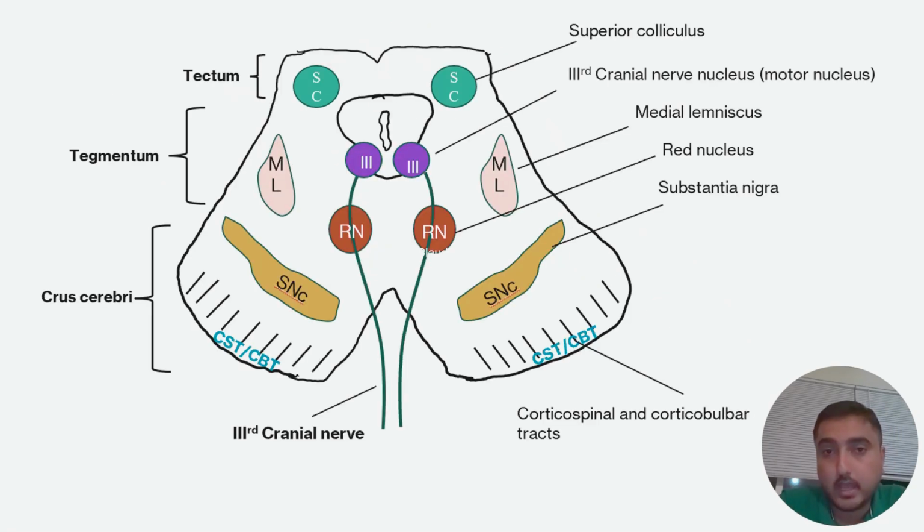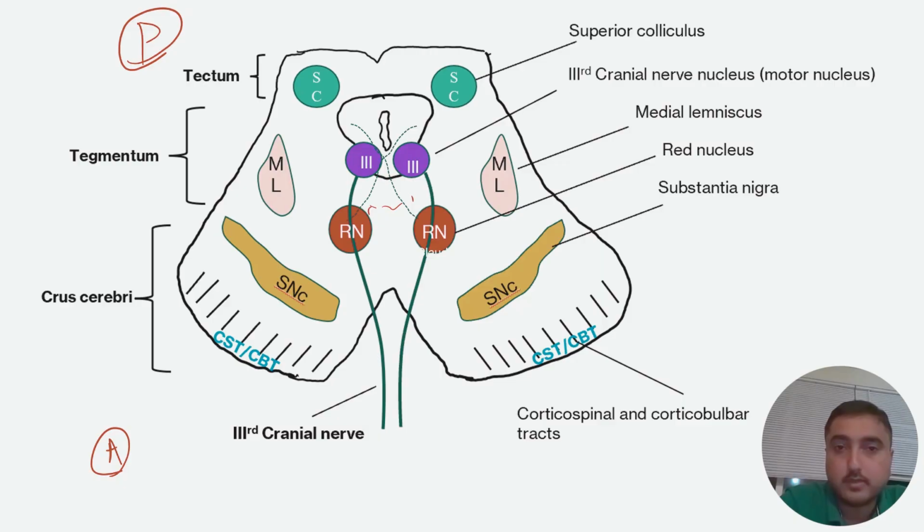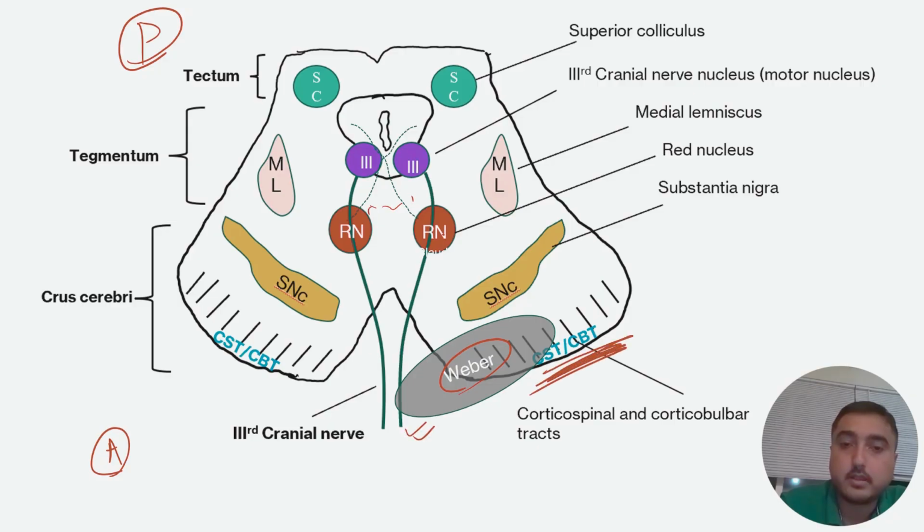So now let's highlight the key midbrain syndromes in different areas of the midbrain. I've just drawn this at the middle of the midbrain to denote the decussating fibers that are coming from the cerebellar peduncles, superior cerebellar peduncle to be accurate. So these fibers decussate and reach the red nucleus. Now the first syndrome that we have is the Weber syndrome, involving the corticospinal and corticobulbar fibers and the third cranial nerve fibers.